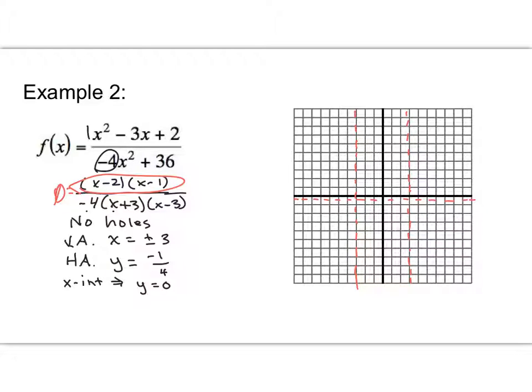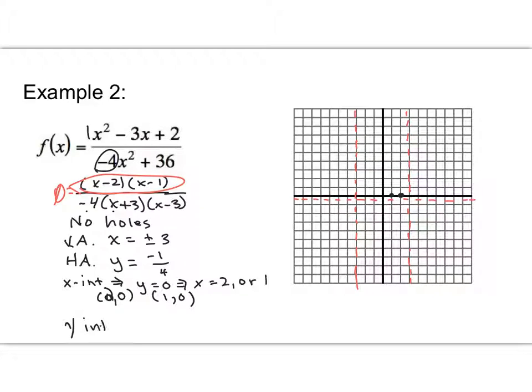So if I set that equal to 0 using the zero product property and try to solve it, that means that x is either 2 or 1. So let's go ahead and plot those at 1 and 2. Oops, wrong spot: 2, 0, and 1, 0.